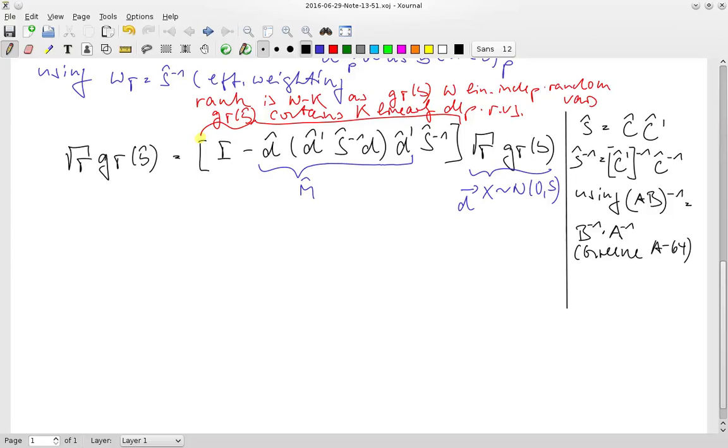And now, using that result, I'm multiplying both sides of the equation by this T hat, C hat to the minus 1. Okay, by precisely this C hat which I got from the decomposition of the S hat matrix. Now what I get is the following. I get square root of T, here comes C hat to the minus 1 GT of B hat. That's the right hand side.